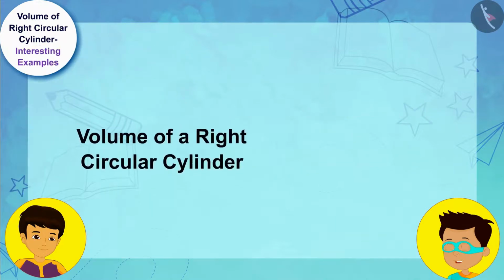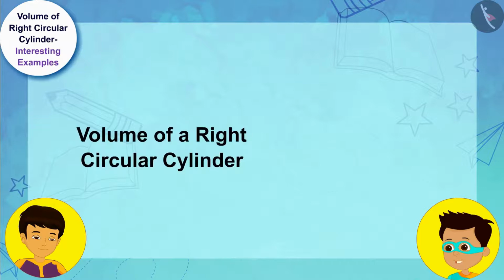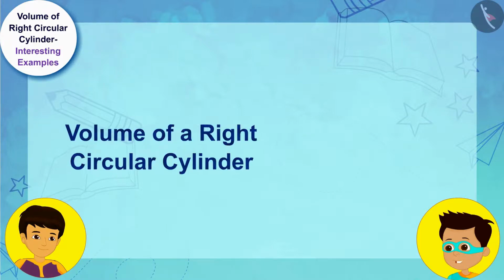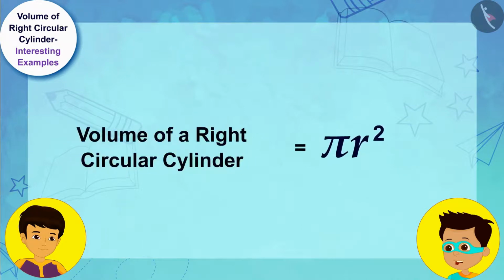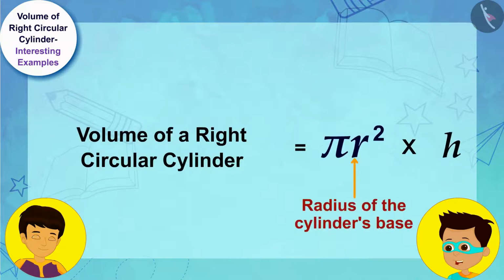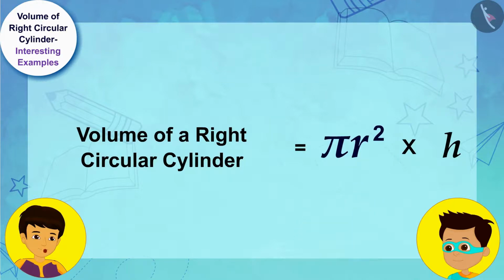And I now remember the formula for the volume of a right circular cylinder very well. The volume of a right circular cylinder is pi r square h, where r is the radius of the cylinder's base and h is its height. Well done, Thomas!